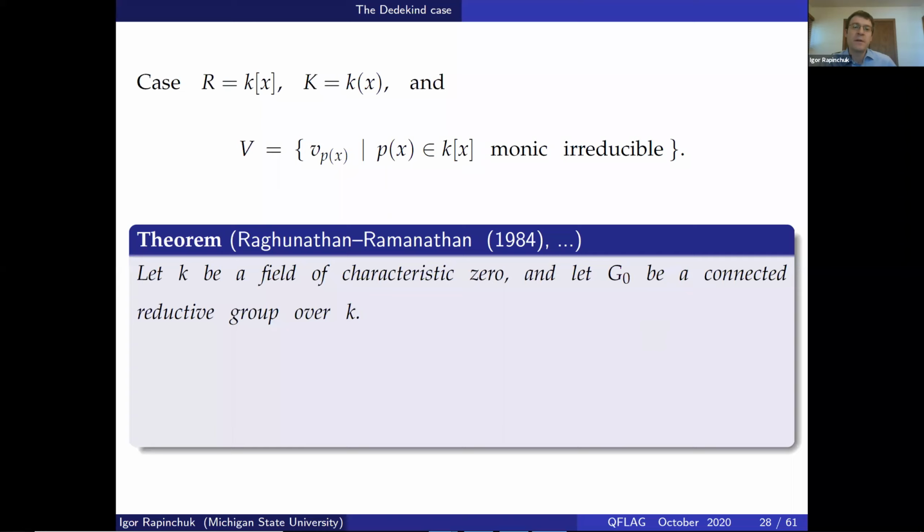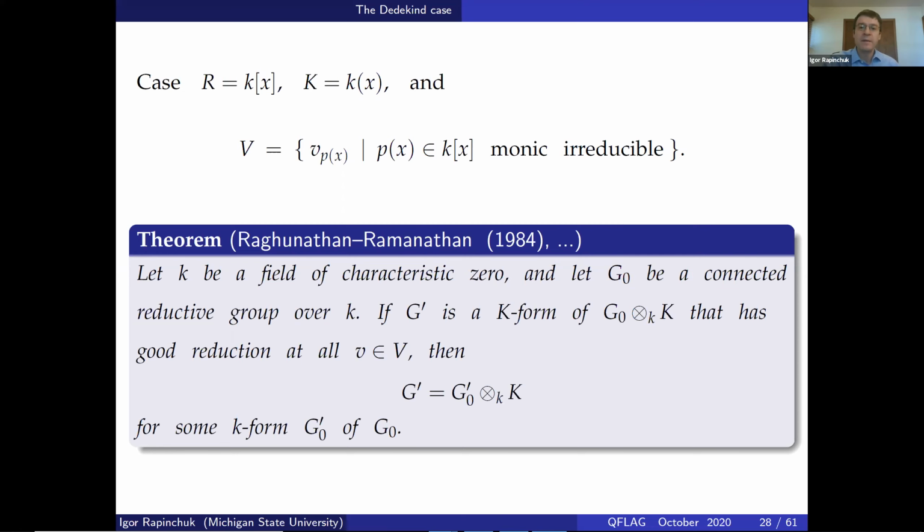One consequence of their results, and I should say that this is not the version of the result that appears in their paper, but it's a consequence for groups with good reduction, is that if k is a field of characteristic 0, and G0 is a connected reductive group over k, then if we take a K-form G prime of the base change of our group up to the function field, and we assume that this form has good reduction at all v in V, then it actually arises from a k-form of G0 over the base field little k.